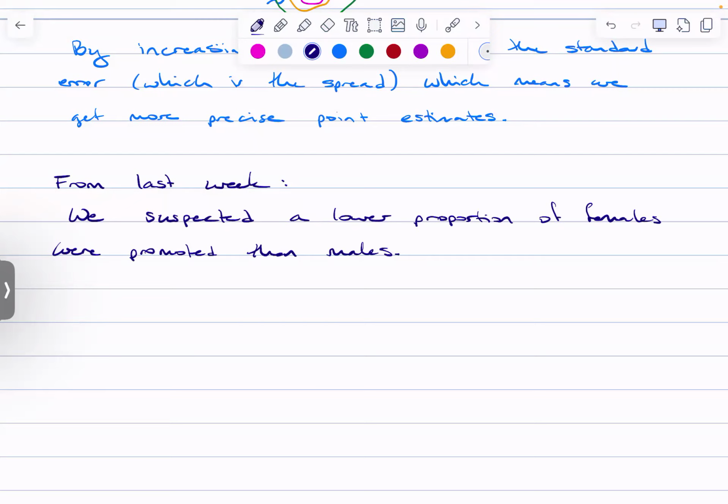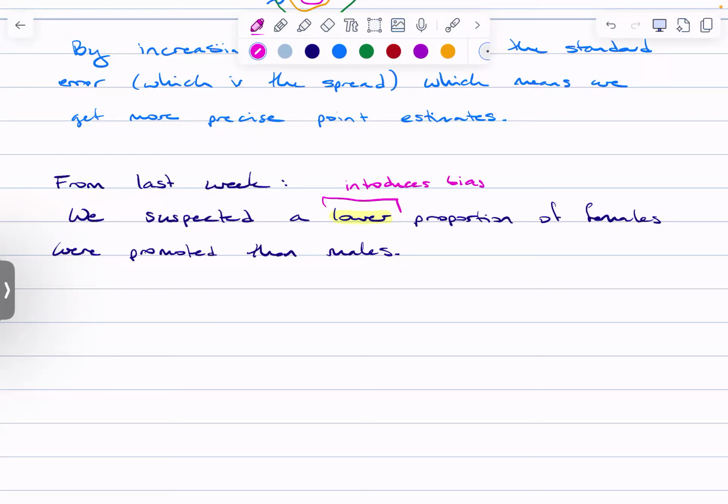So when we set up our null and alternative hypotheses, we had this idea of a lower proportion, and we analyzed the differences in the proportions, but this introduces bias from our perspective, right?